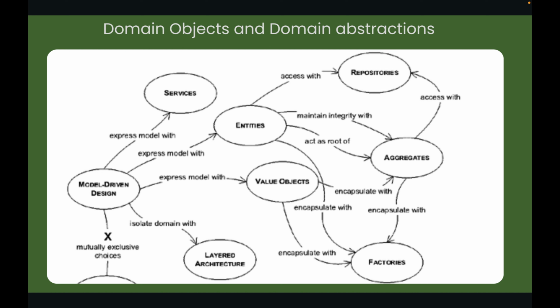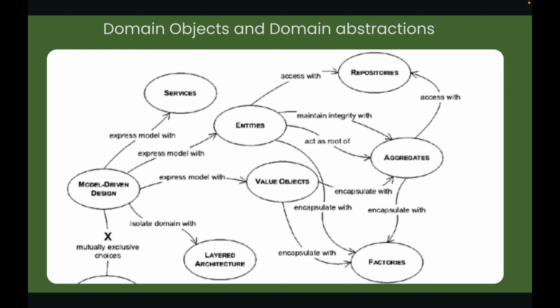Another relationship we need to check is between entities and aggregates. So entities maintain integrity with aggregates and they act as a root of the aggregate. Ideally, if you have many entities within an aggregate, you need to choose the one that will be the root, so that anyone trying to access the aggregate can go through this aggregate root.